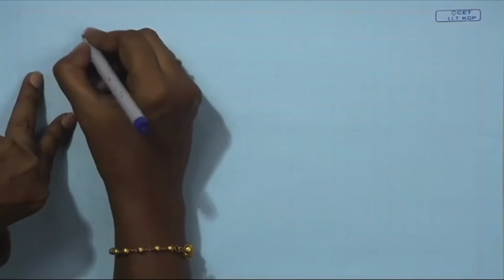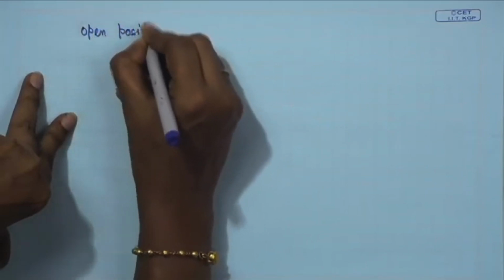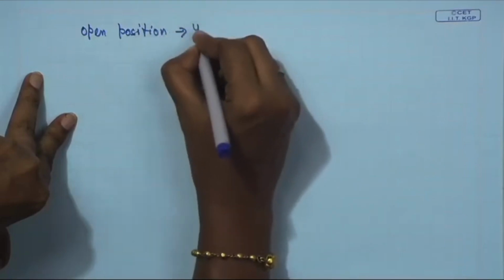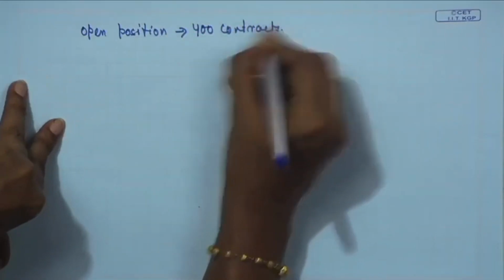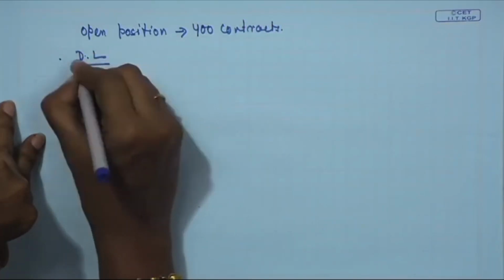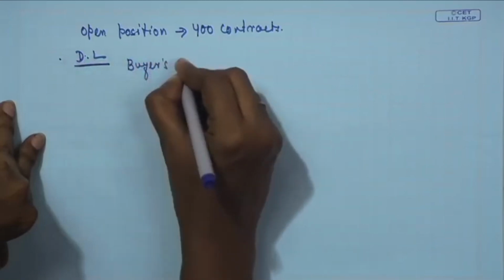We have an open position of 400 contracts. Let us say the delivery logic, DL, is buyer's choice.